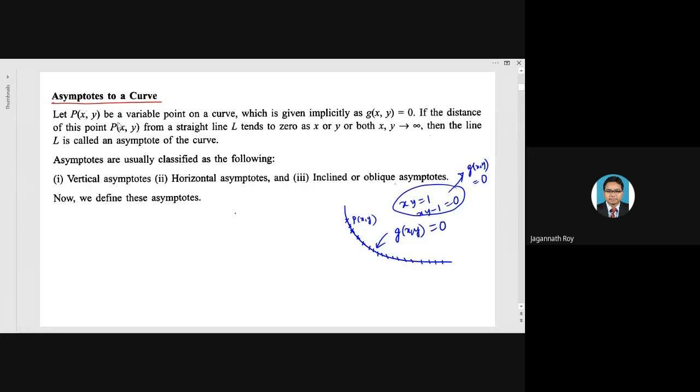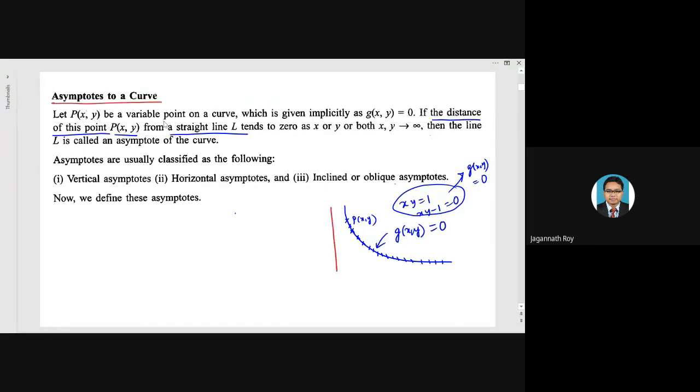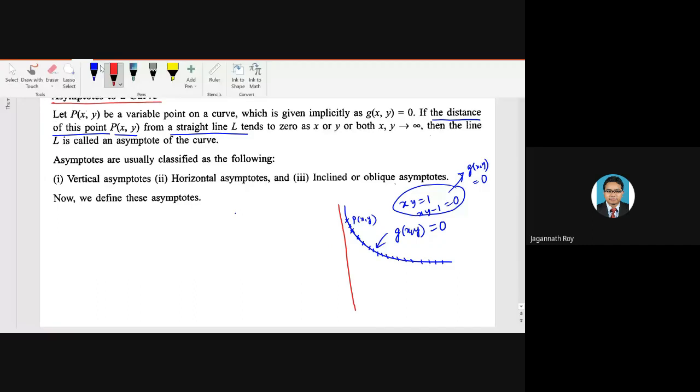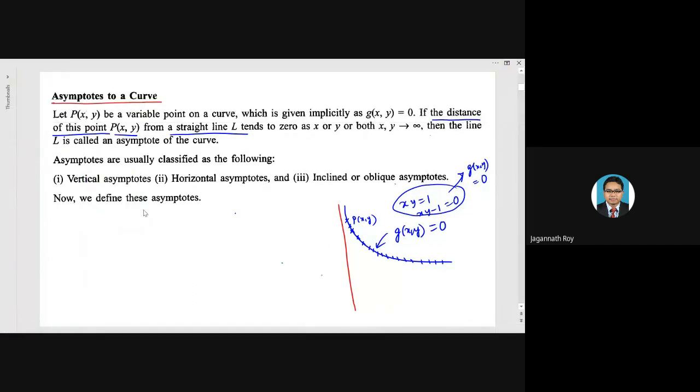Okay. Now it says, if the distance of the point P(x, y) from a straight line, for example, you can draw one straight line, or you can take a straight line in this way, or you may take another straight line.